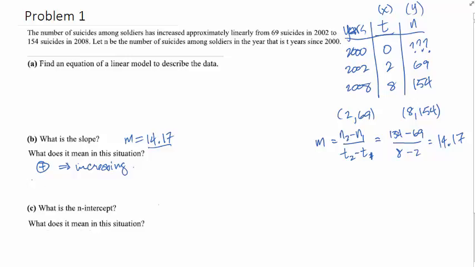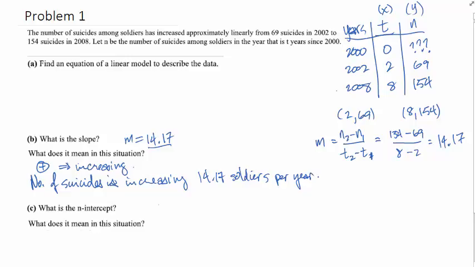So the number of suicides is increasing about 14.17 people, soldiers, per year. So that is the meaning of the slope.